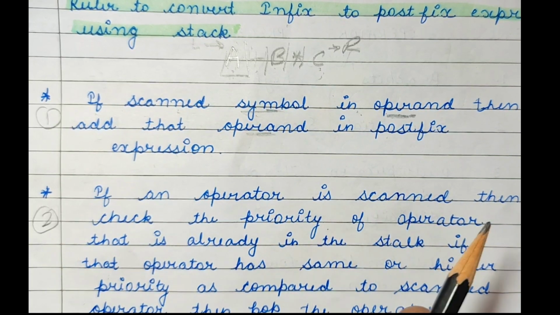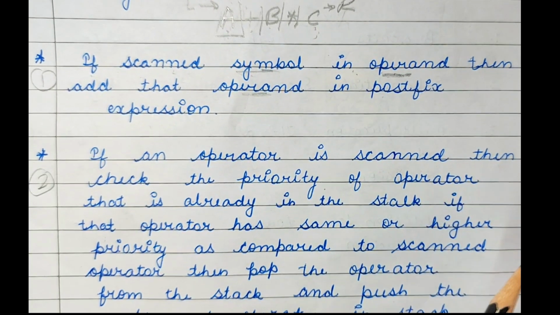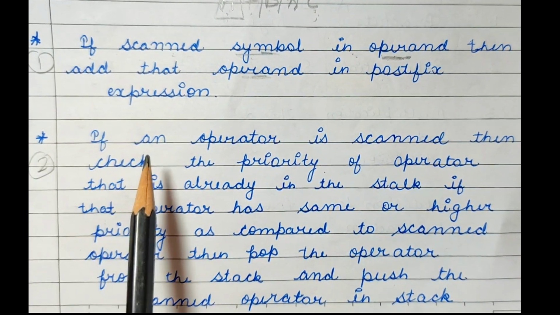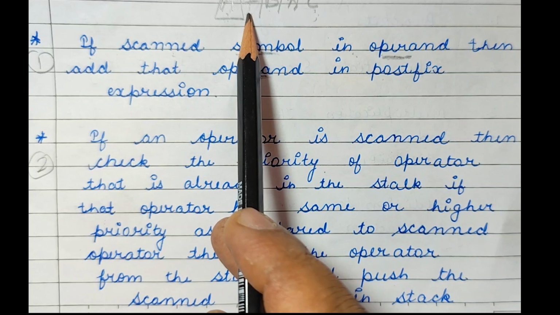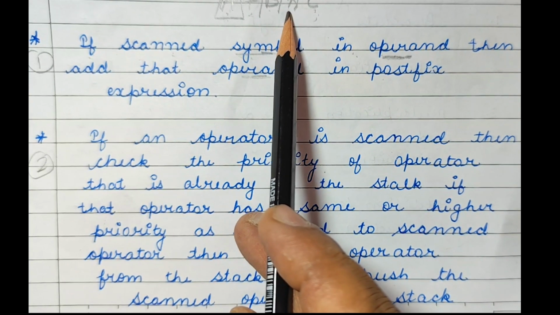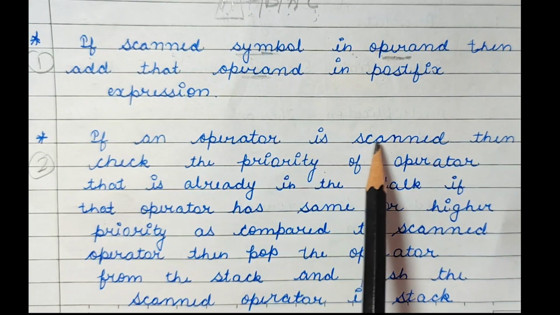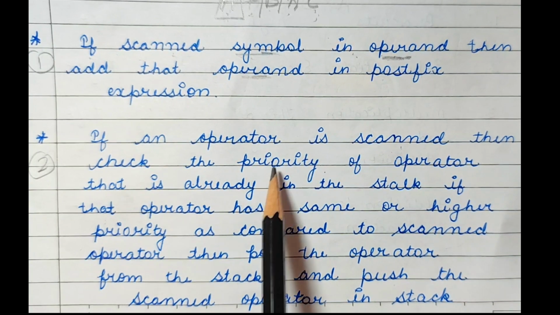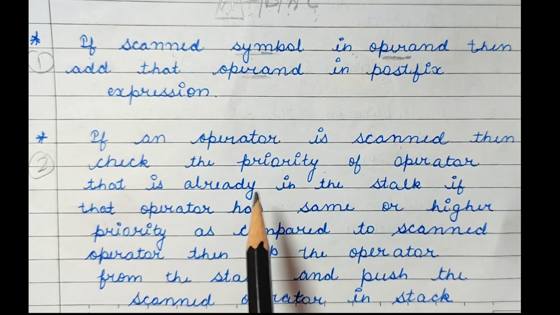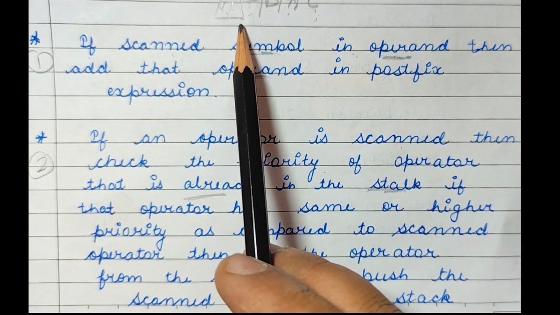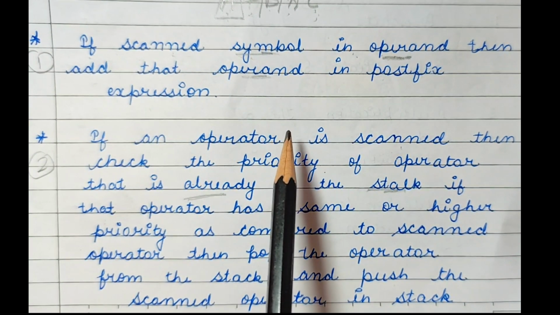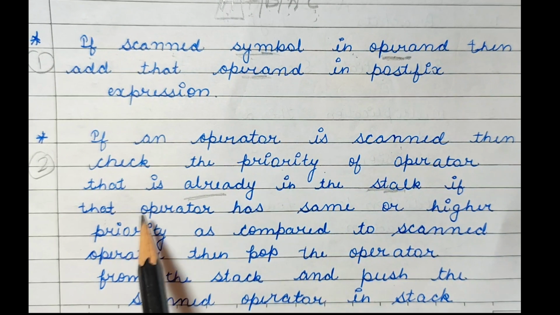Now the second rule is, if an operator is scanned. When we scan a plus operator or multiply operator, if an operator is scanned, then check the priority of the operator that is already in the stack, because if an operator comes, we push the operator in the stack, depending upon the rule.